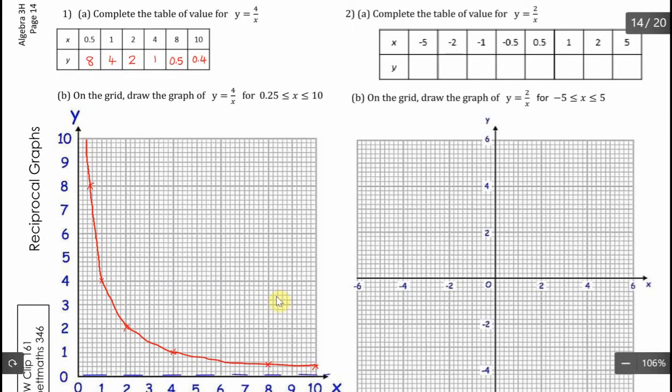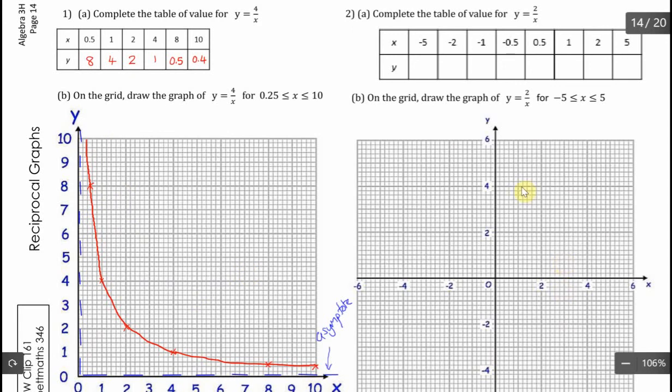And asymptote has a funny spelling, so I'll just write it out for you. And we're also going to have another asymptote on the y-axis. Okay, and you'll come across further graphs where there are asymptotes involved, especially if you continue with maths further down the line. Okay, that was just plotting a reciprocal graph in one quadrant of a grid.